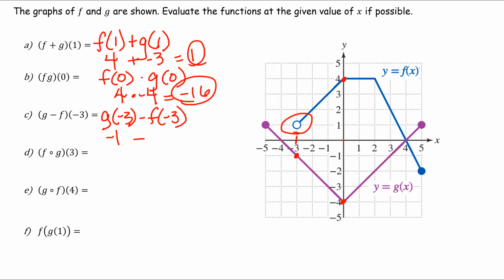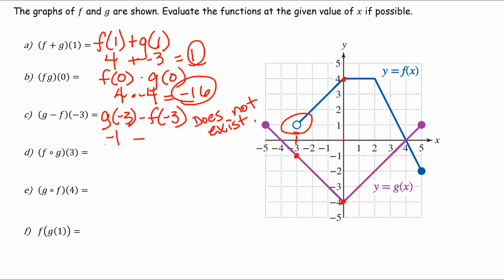Therefore, this doesn't have a value because negative 3 is not even in the domain of f, so you can't put it into this function, g minus f of negative 3. It's not in the domain of this new function. So you would just have to say does not exist, or you could say undefined, but it can't be done. You can't put negative 3 into the function g minus f because negative 3 is not in the domain of f.